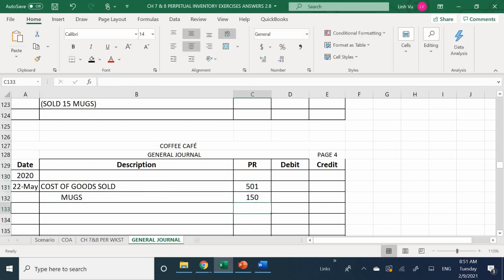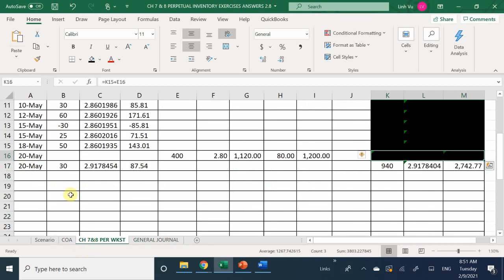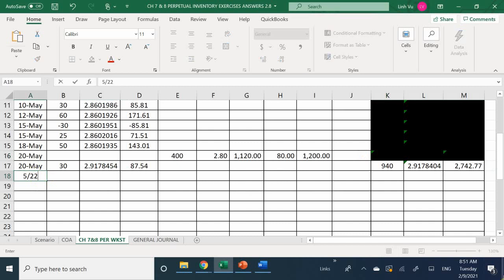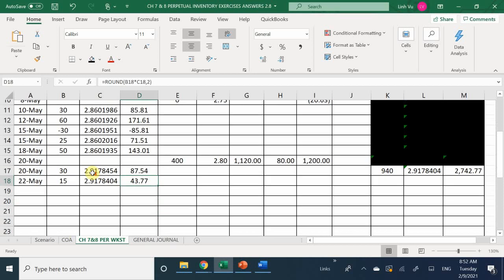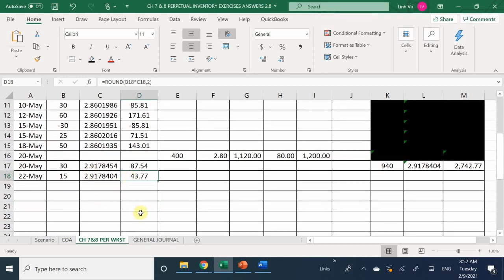All right, so now we're going to go to my inventory worksheet and we are going to indicate that we sold 15 mugs. At what price or at what cost? 2.9178404. Okay, so that should give me a grand total of 43.77.